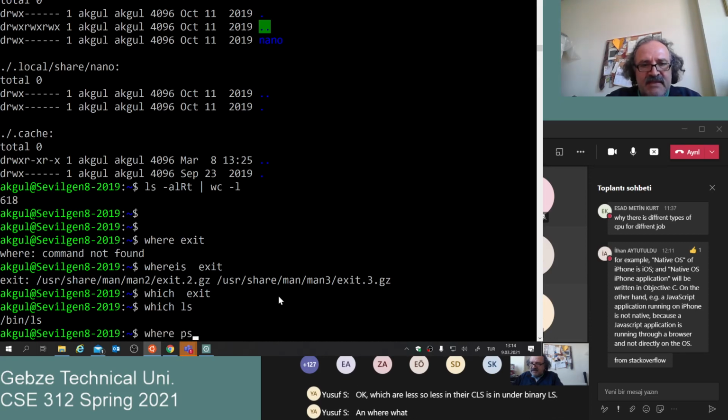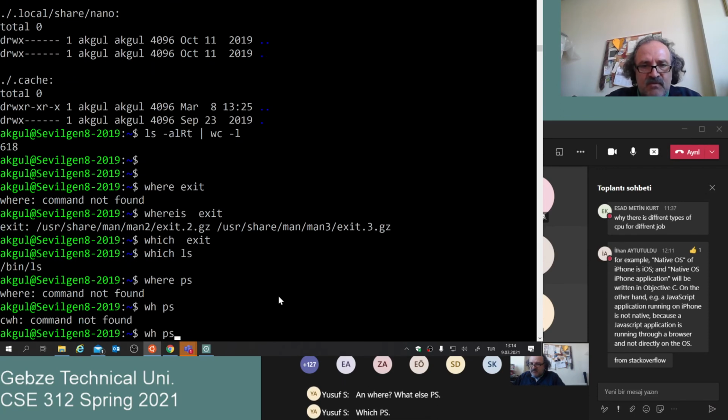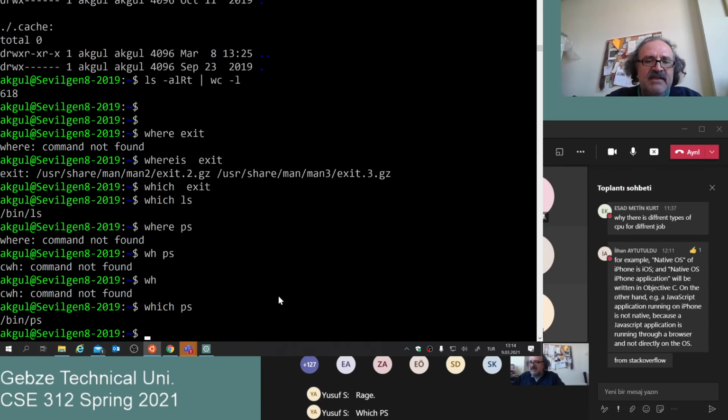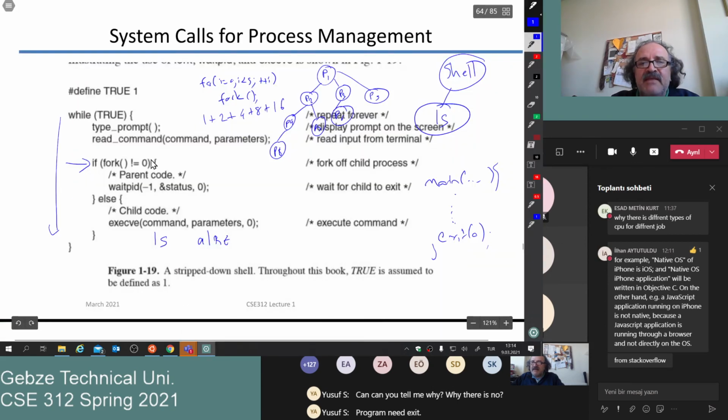What else? ps. Which ps? ps is under bin ps, but I don't see any program named exit. Can you tell me why there is no program named exit? If I type exit here, I am going to fork it, and the child won't be able to find a program named exit.